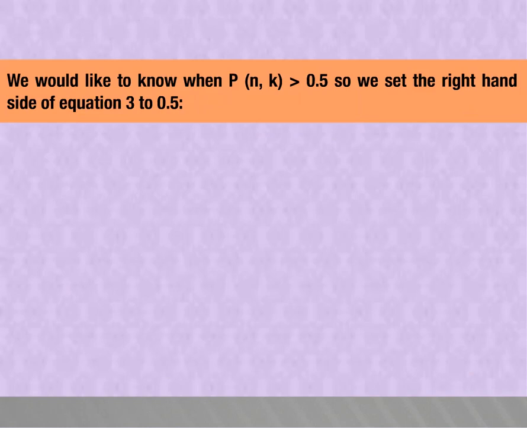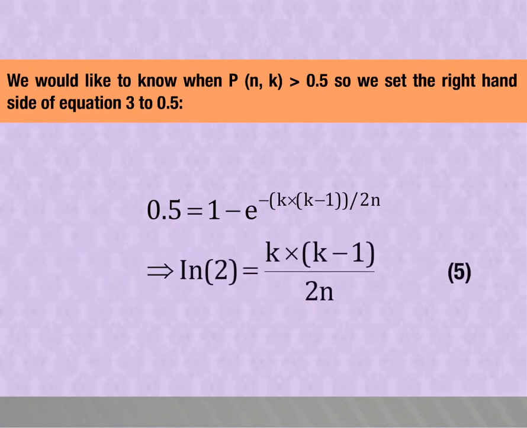We would like to know when p of n comma k is greater than 0.5, so we set the right hand side of equation 3 to 0.5. 0.5 is equal to 1 minus e power minus k into (k minus 1) divided by 2n. ln of 2 is equal to k into (k minus 1) divided by 2n.